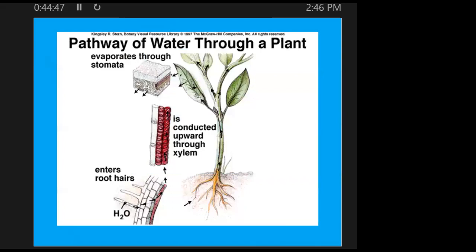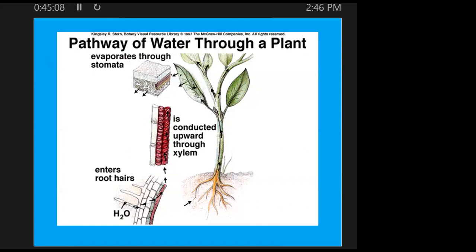So what we're thinking about now is that the water has been brought into the roots. And that's not, of course, the end of the story, because now the water has to get used by the plant, and it will get brought through the whole plant body. In this picture, they're showing how it's getting into the xylem.